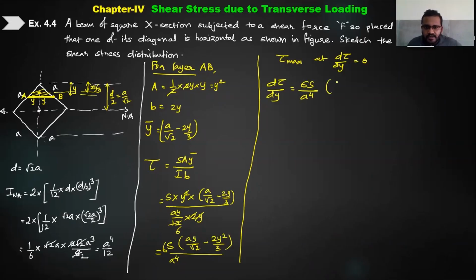Differentiate kiya toh kya ho jayega, a by root 2 minus 4y by 3, right. y square ka aata hai 2y na. Answer sir, y equals to 3a by 4 root 2. Very good. 4y by 3 equals a by root 2.